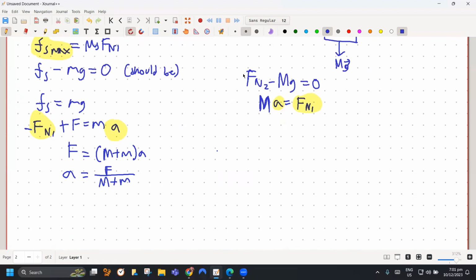Ngayon, ano yung Fn1? Tingnan mo yung second equation. Substitute mo yan.